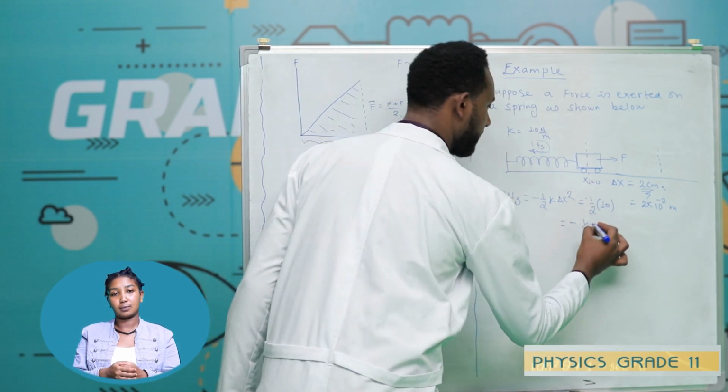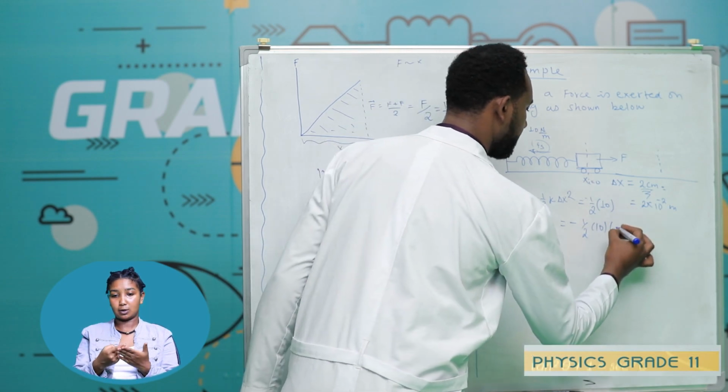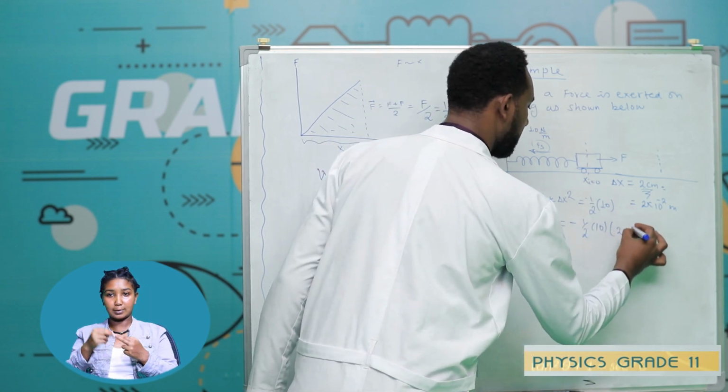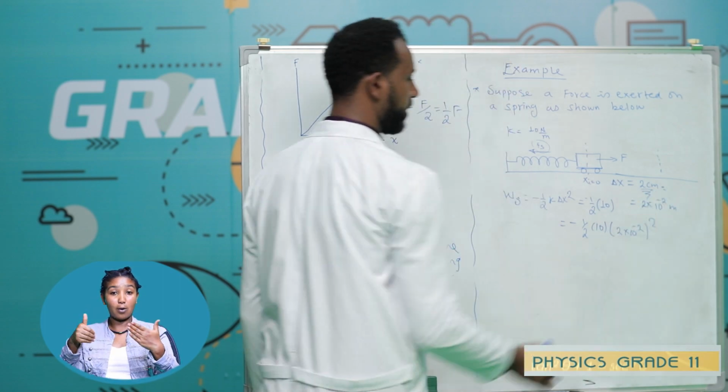Negative 1 over 2, 10, times 2 times 10 to the power of minus 2, the whole square.